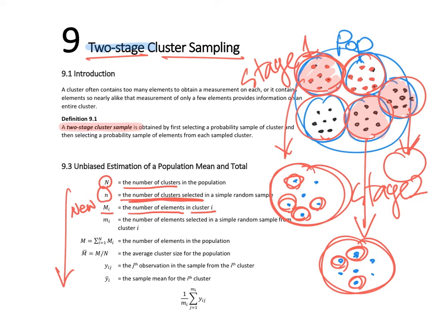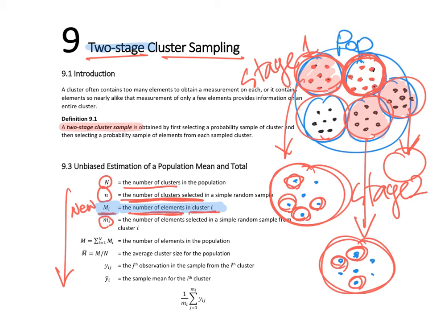So even though we do not select the cluster, still the big Mi, the capital M, is the number of elements in each cluster. And the small mi: before, in chapter 8, we had small mi, which was the number of elements. But now we have the new notation, the big Mi.